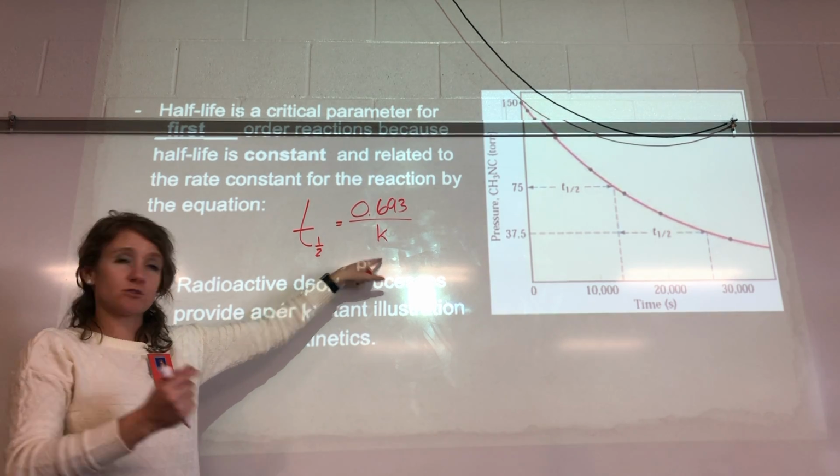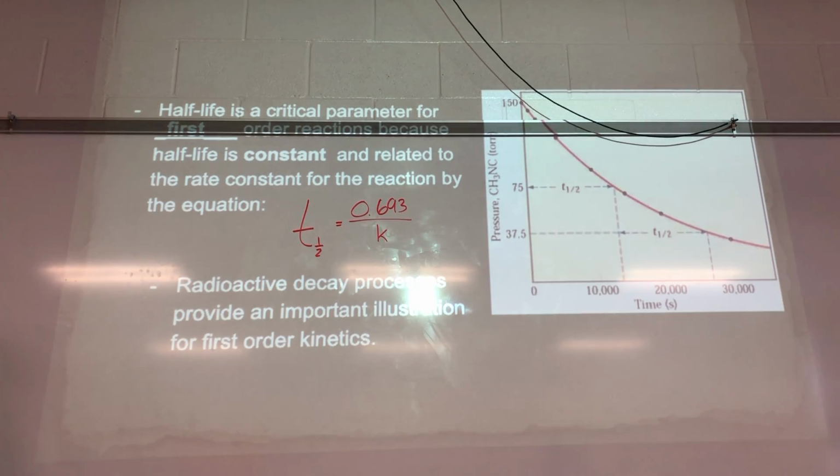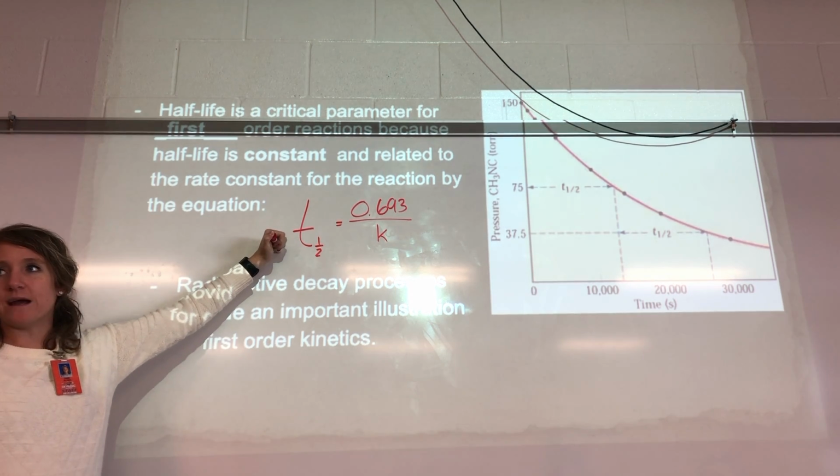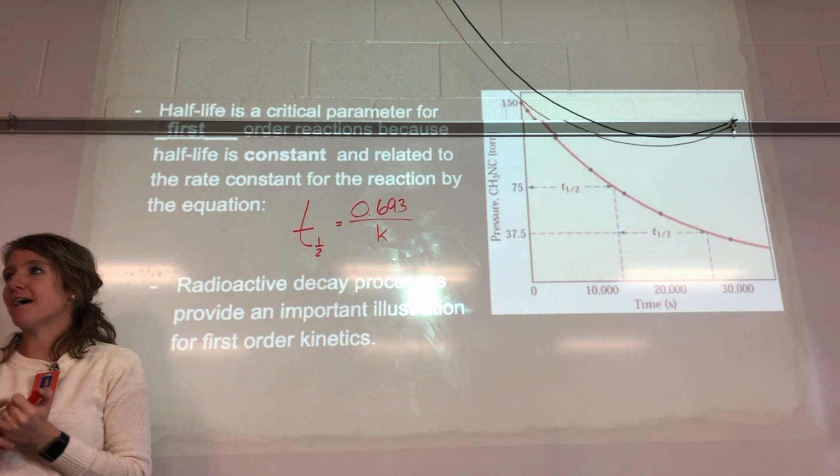So if you know it's first order and you have found K, you can find the half-life for the reaction. If it's not first order though, you can't use this equation because first order are the only ones that have constant half-lives.